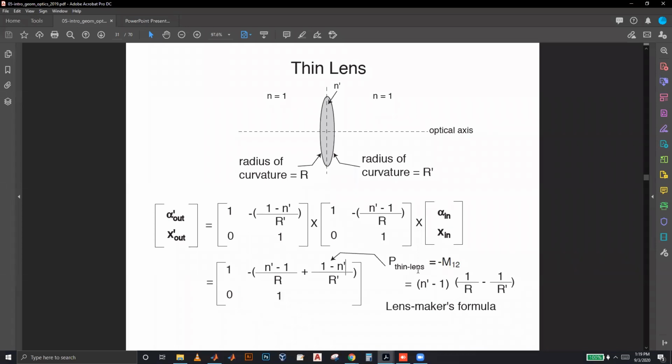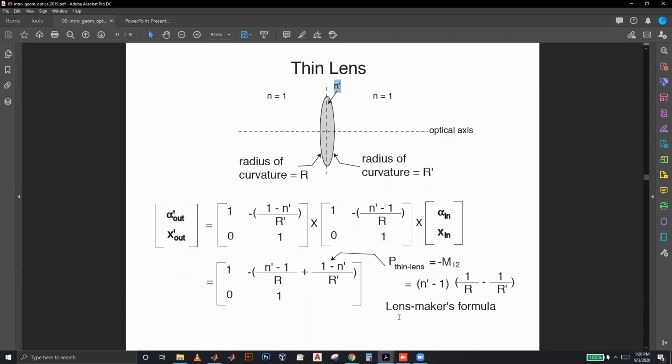All you need to know to physically design and manufacture that lens are the radii of curvature of the two sides, r and r prime, and the material out of which the lens is going to be made, which is n prime. You have to pick a certain type of glass, which would have small changes in refractive index. That's all that is in this term: n prime, r and r prime.